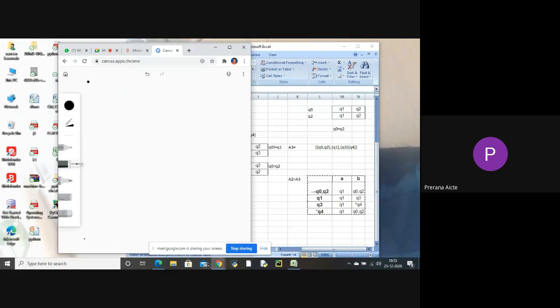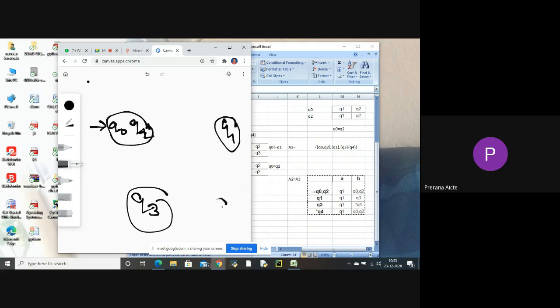The finite automata: the initial state is Q0, Q2, which is one state. Q1 is another state, then Q3, and Q4. Q4 is the final state, which we represent with a double circle.